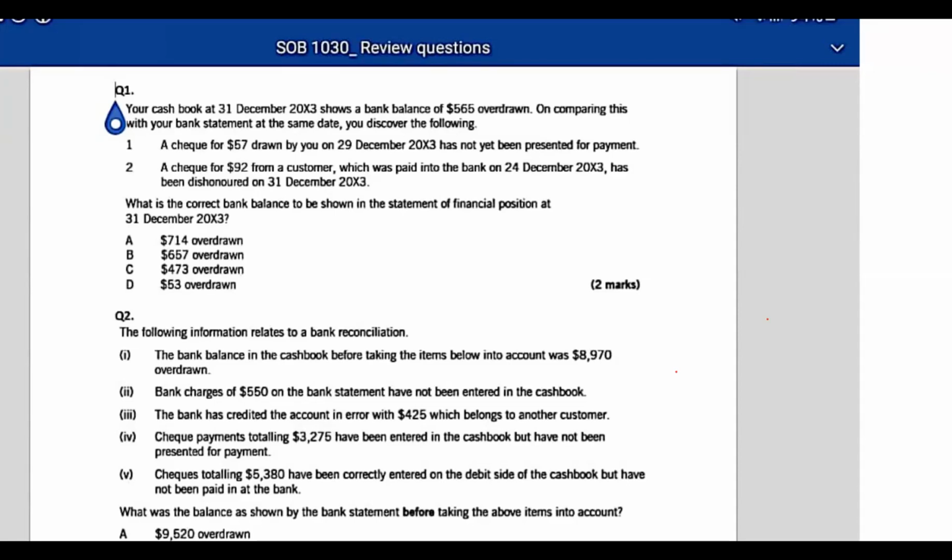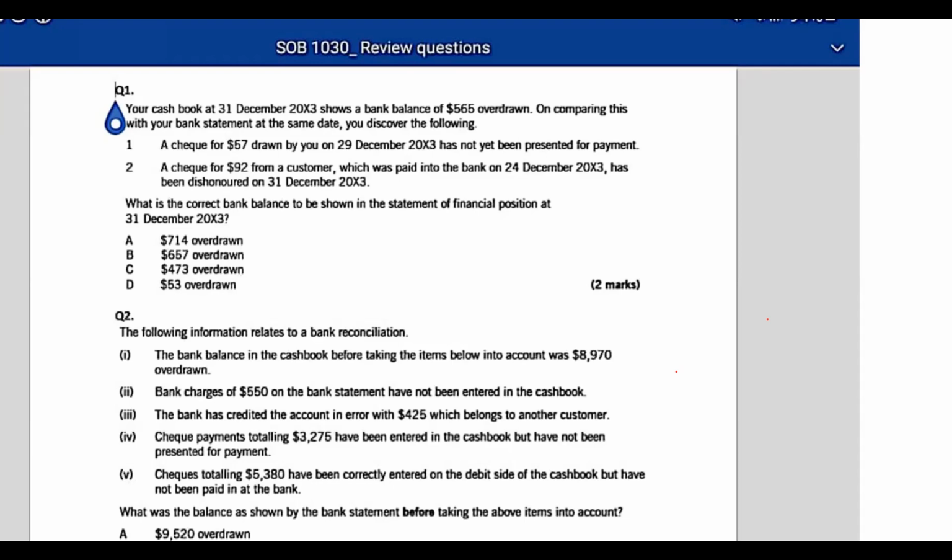Initially we had recorded that we received the 92, but because the check has bounced, we haven't been paid that 92. So we have to subtract that 92 from the 565.